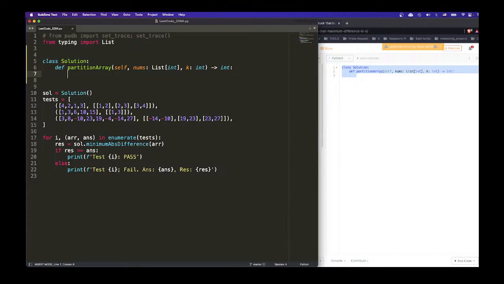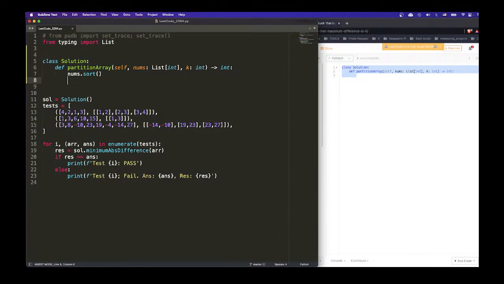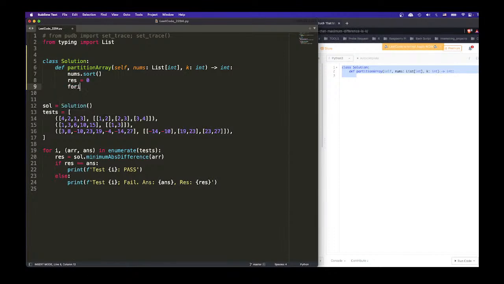Nums sorted first, right? And then we want to find the, oh, we might be able to do it along the way. Okay, right? So for i in range 1 to len nums, perfect.